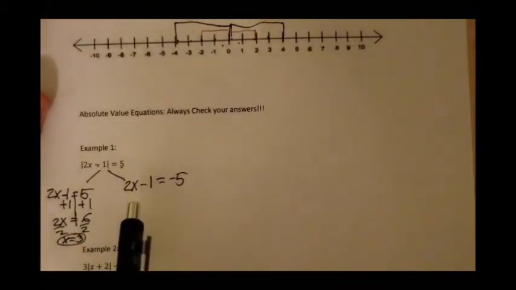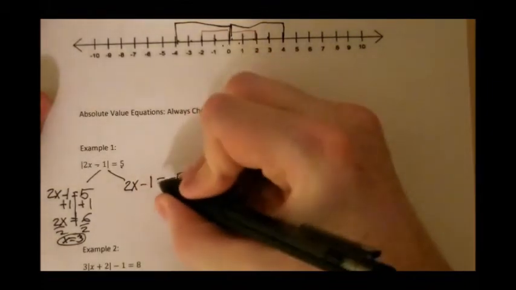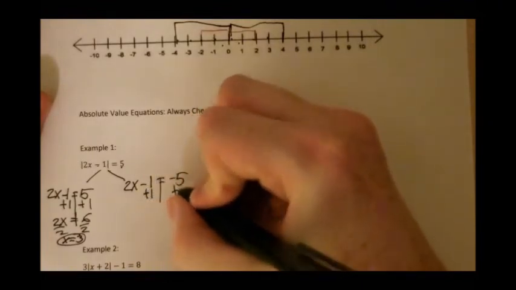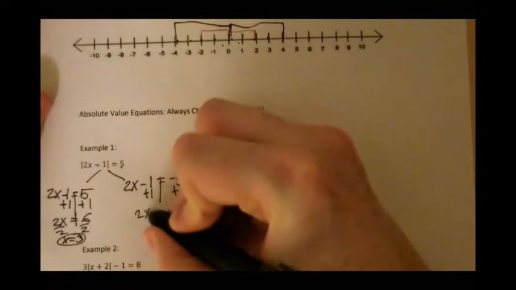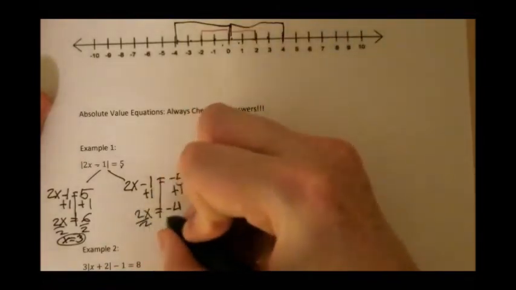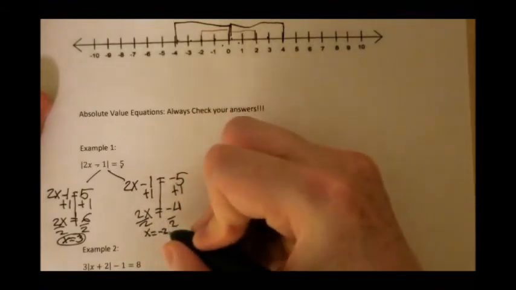What do you get as your solution? Well, if you've tried it, first thing you probably should have done is add the 1. You'll get 2x equals -4. Divide the 2 over, and you'll end up with x equals -2.